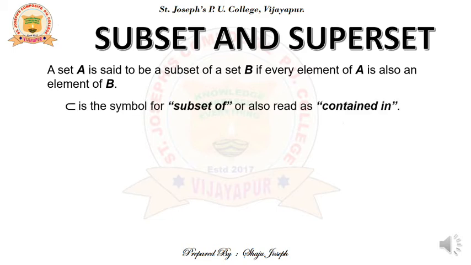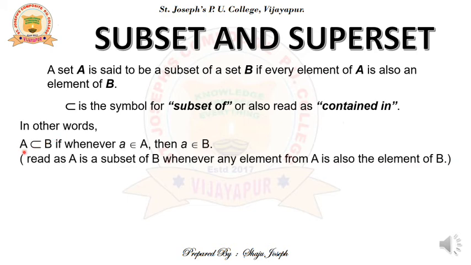There is a C-shaped symbol here. Please concentrate on the symbol here. Let me highlight this C-shaped symbol. This symbol is used for subset of, or it is also read as contained in. Very commonly we use that subset of. In other words, we can write it as A subset of B.